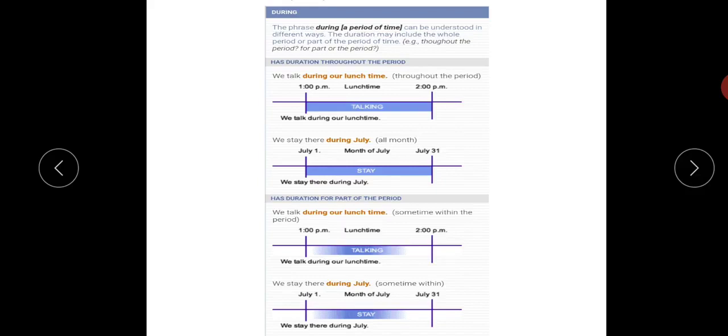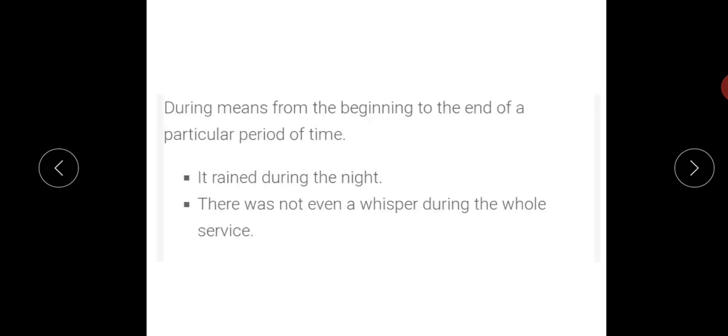We stay there, ஒரு இடத்துல நாங்கள் இருக்கிறோம் ஜூலையில். பட் பர்டிகுலர்லி we stay there during ஜூலைங்கிறது sometime within ஜூலையில் 1 to the last day of the month, அந்த 30 or 31 டேஸ்க்குள்ளே எப்போ வேணாலும் இருக்கலாம். ஒரு 10th போய் நம்ம ஸ்டே பண்ணியிருக்கலாம், இல்லை 15th போய் ஒரு 5 days ஸ்டே பண்ணியிருக்கலாம், நமக்கு தெரியாது. ஸோ sometime within the period. So that is what given there.